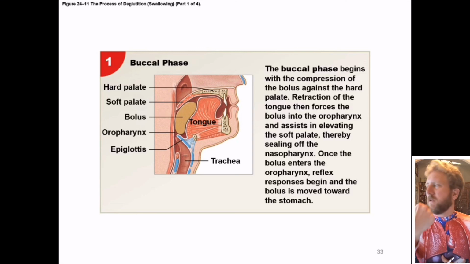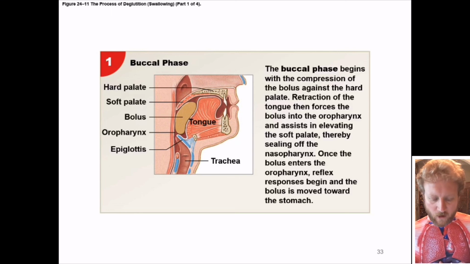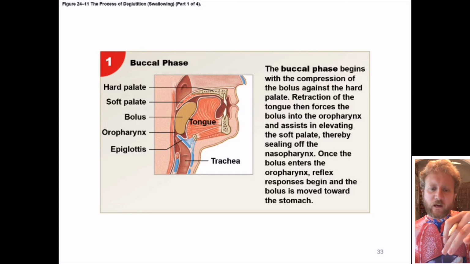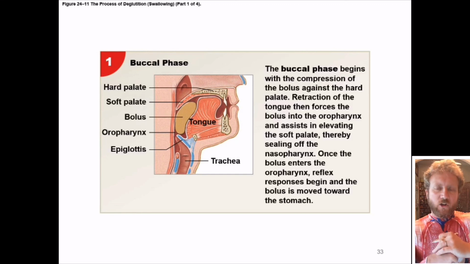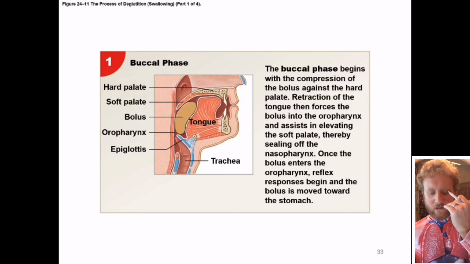You don't want food going up in there. If you've ever had food go up your nose, sucks. Don't do it. That's going to put the bolus into the oropharynx, the back of your throat. And then it's also going to put pressure on the epiglottis, which is going to seal your trachea so food doesn't go down there. At least it's going to start that. And then we're going to begin moving that bolus downward.